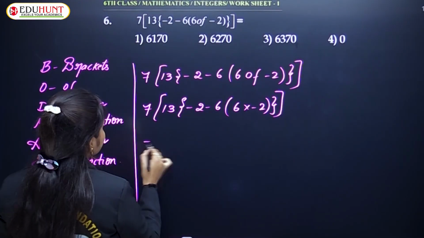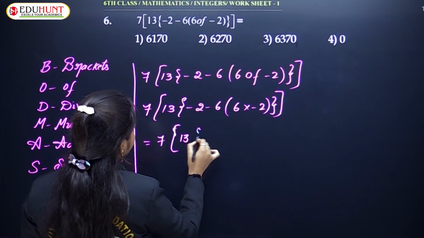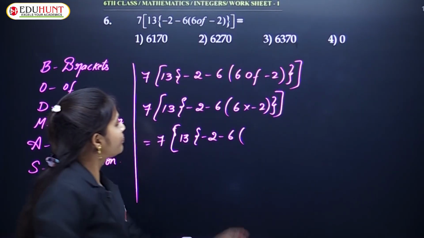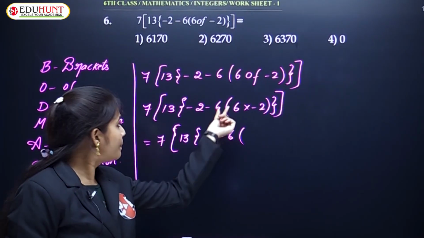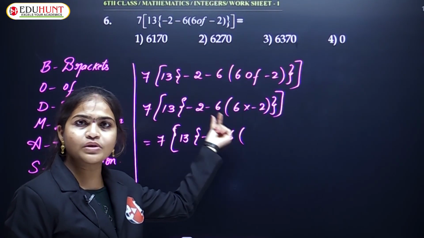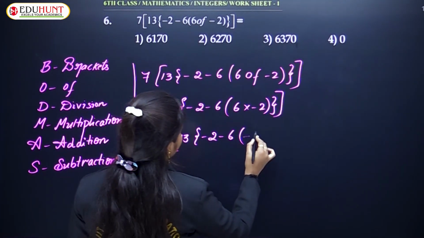Clear? Plus into minus is minus. The product of one positive integer and one negative integer is negative. So minus 12.